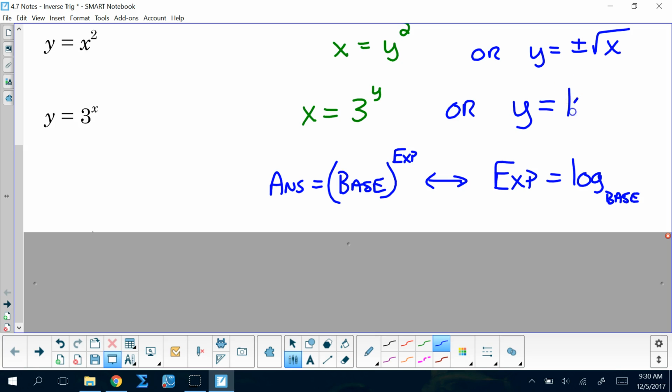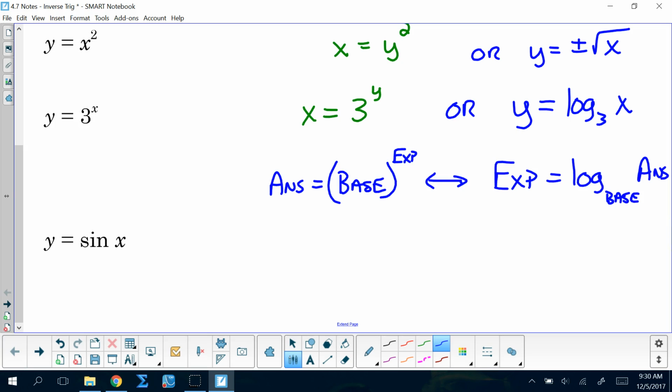So this would be log base 3 of what's the only part that I'm missing? The other side, right? My answer. So that would be x. Good times.